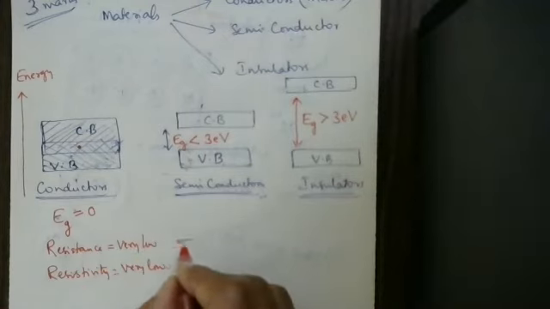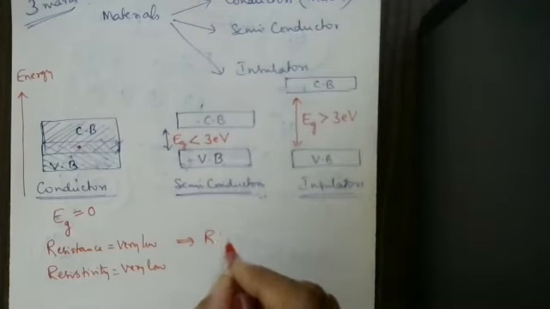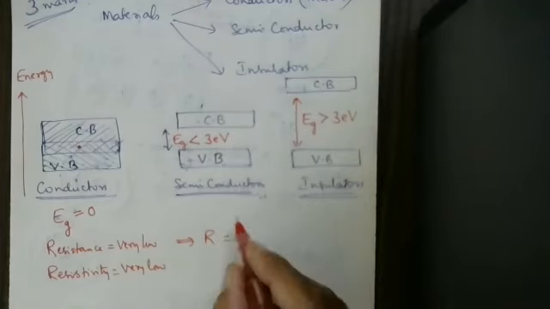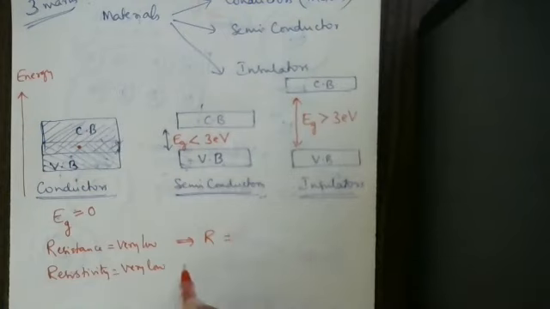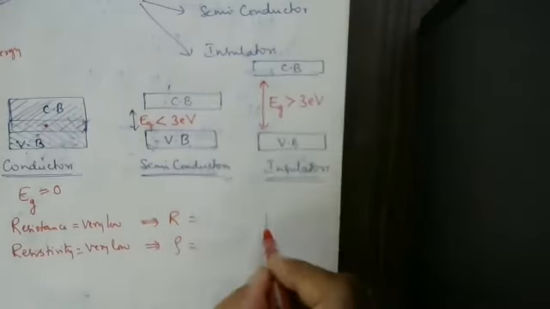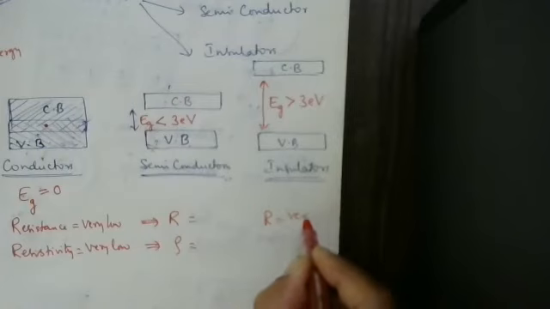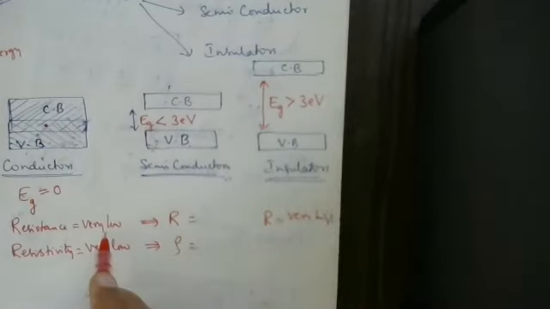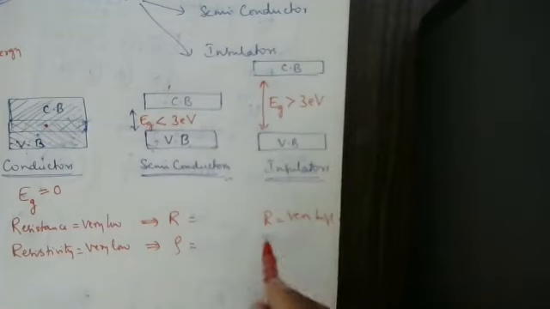Whereas in this case, resistance is slightly high, around 2 ohms, 3 ohms like that. Resistivity compared to this one is also slightly high. Whereas in this case, resistance is very high. Don't forget, this is very low and this is very high.